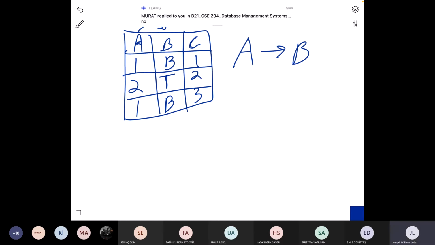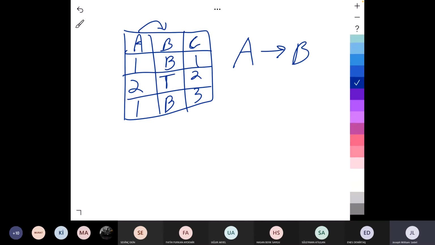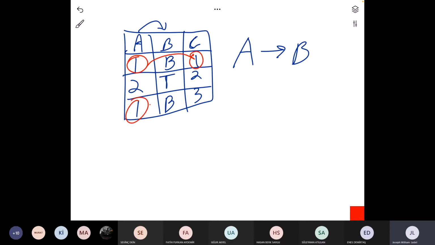A does not determine C, because where the value in A is 1, 1 here gives me 1 here, but 1 here gives me 3 here. So no, we automatically know that A determines C is not right.